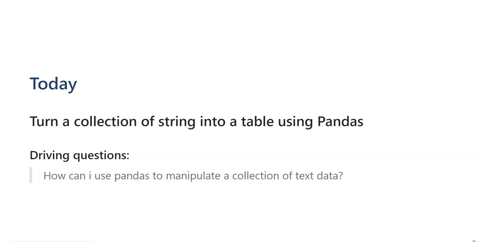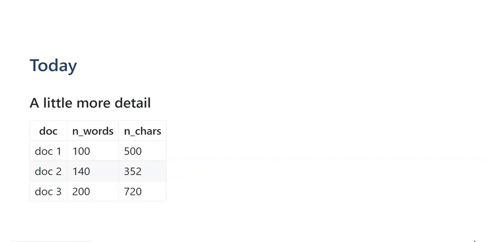In this video, I want to go about the same problem, trying to avoid loops. So we apply the pandas library to do the same more efficiently without the use of loops. Essentially, we end up with a table just like this.